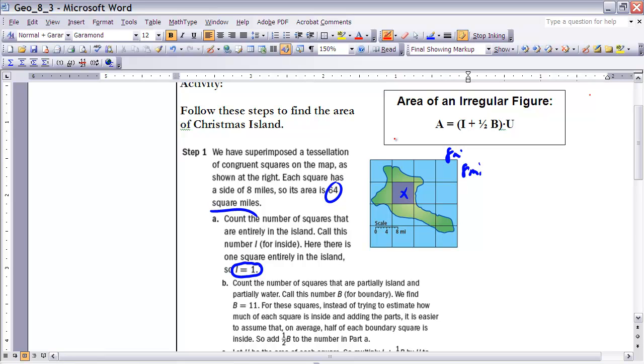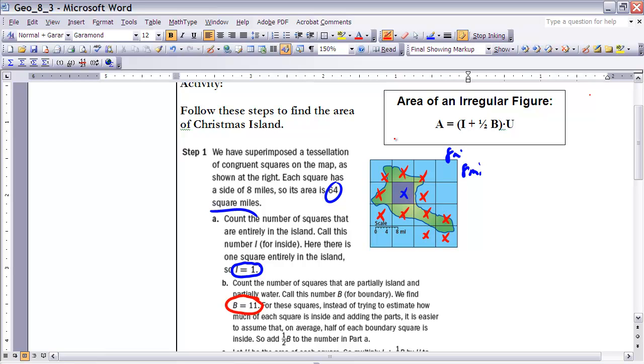I'm going to try and do this in an orderly way, going up and down and counting all of the ones that have at least some part covered by the island. And I think I have them all there. Counting those up gives me 1, 2, 3, 4, 5, 6, 7, 8, 9, 10, 11. So the number of boundary squares, part B, is 11.